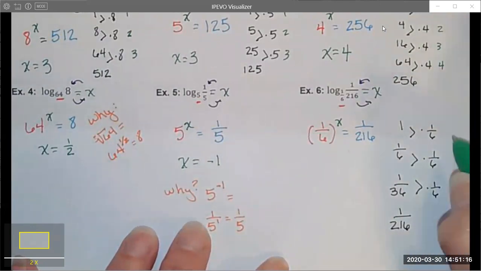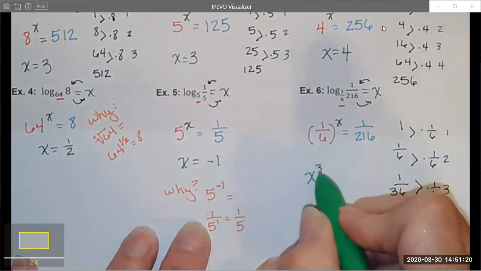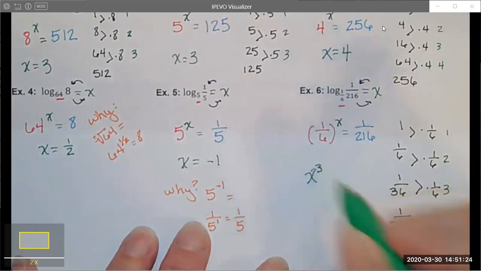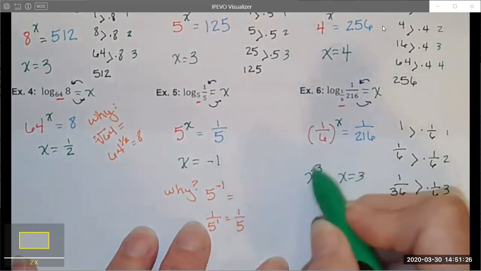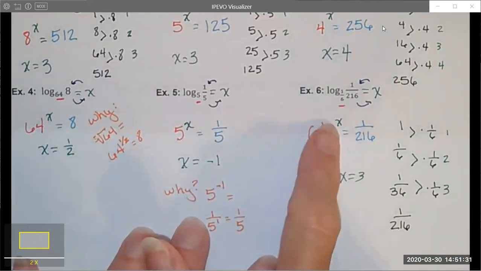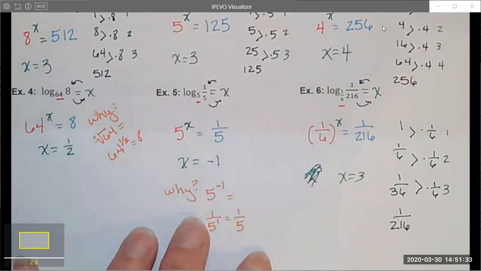So I just need to count them up. 1, 2, 3. It took 3 iterations, x equals 3. Sorry, cross that out. I have to raise 1/6 to the third power in order to get 1 over 216. And there we have it.